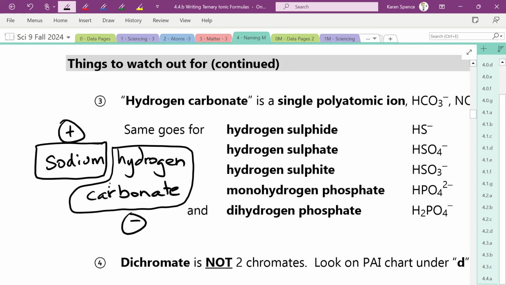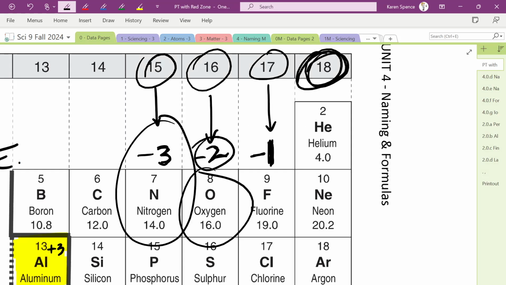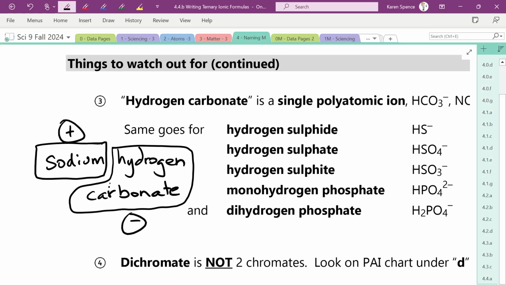Okay? So you don't need to be like, oh my gosh, I have a sodium, and I have a hydrogen, and I have a carbonate, and that looks really confusing to me. I don't know what to do with that. Don't do it. What you're going to do is you're going to look on your green sheet and find hydrogen carbonate. Let's go look for it right now.